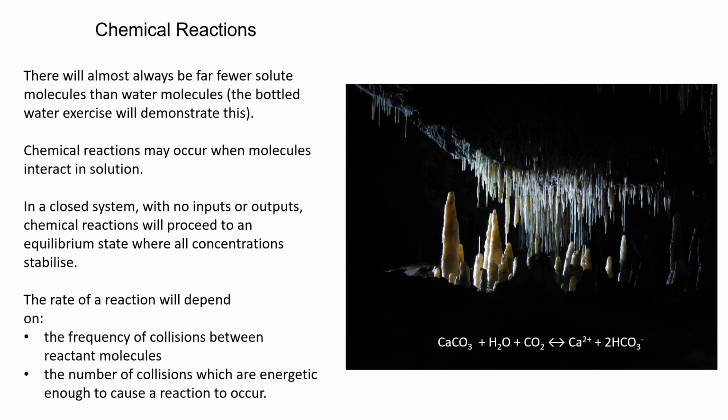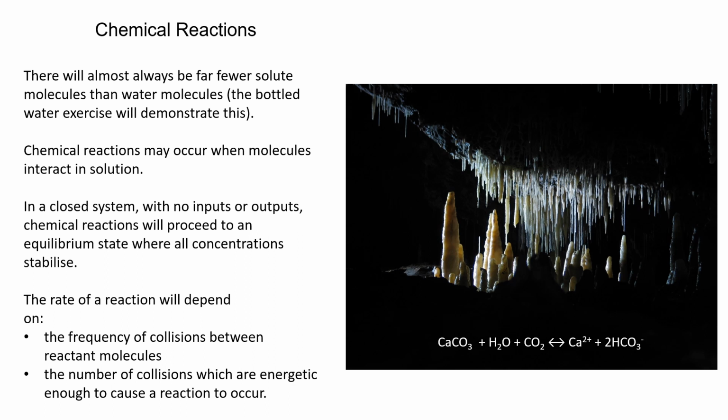And the rate of a chemical reaction will depend on how frequently there are collisions between these reactant molecules. So if the bottle's warmer, they might have greater diffusion rates, they might interact more frequently. And also the number of those collisions which are energetic enough to actually cause a reaction to occur. I'll give an example of this in the next slide.